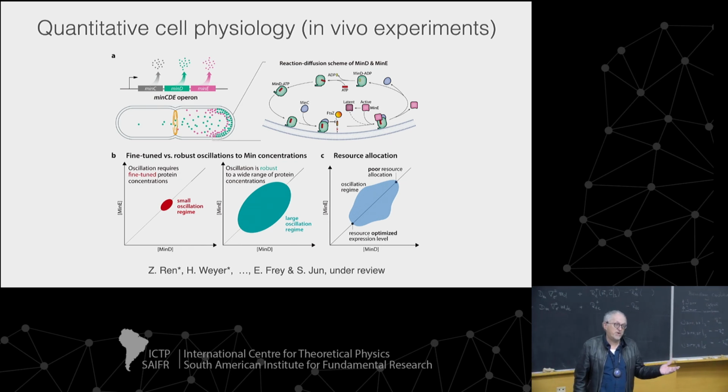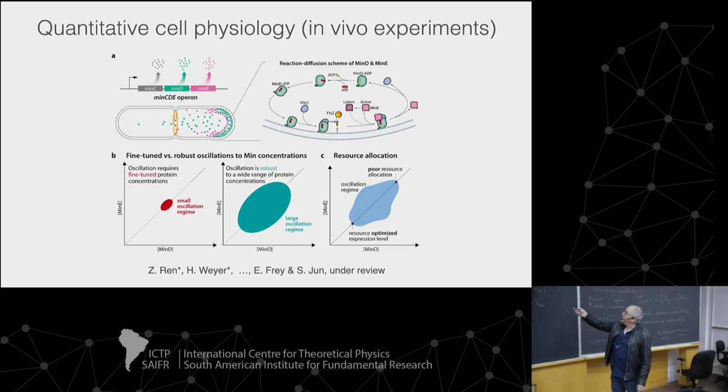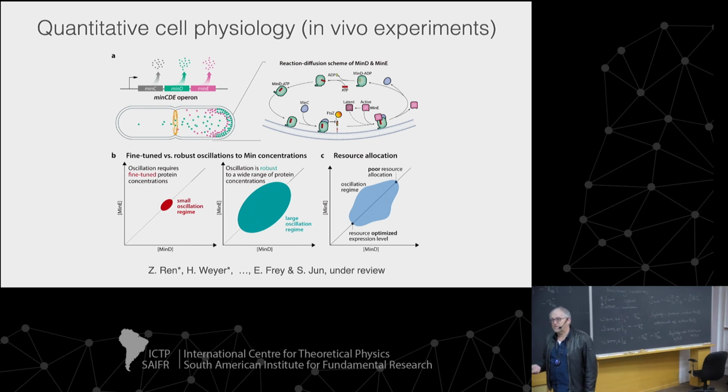But then you could pay a price because you would have this large parameter regime, but the system would not be resource efficient. It would not produce just the right amount of min E, min D proteins to make those oscillations and not more, right? Or the third version is something like that, where you have a resource optimized regime which is at a boundary of this min E, min D phase diagram, where the wild type is and where you have the oscillations, but at the same time you're actually resource efficient.